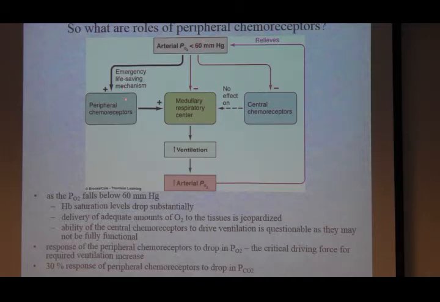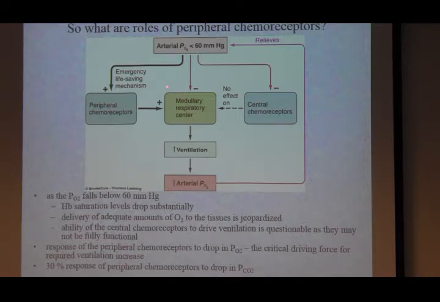So now what happens is that in this situation, the peripheral chemoreceptors are stimulated. They begin to drive the medullary respiratory centers, increasing ventilation, increasing arterial PO2, and probably, as you well know, decreasing arterial PCO2.